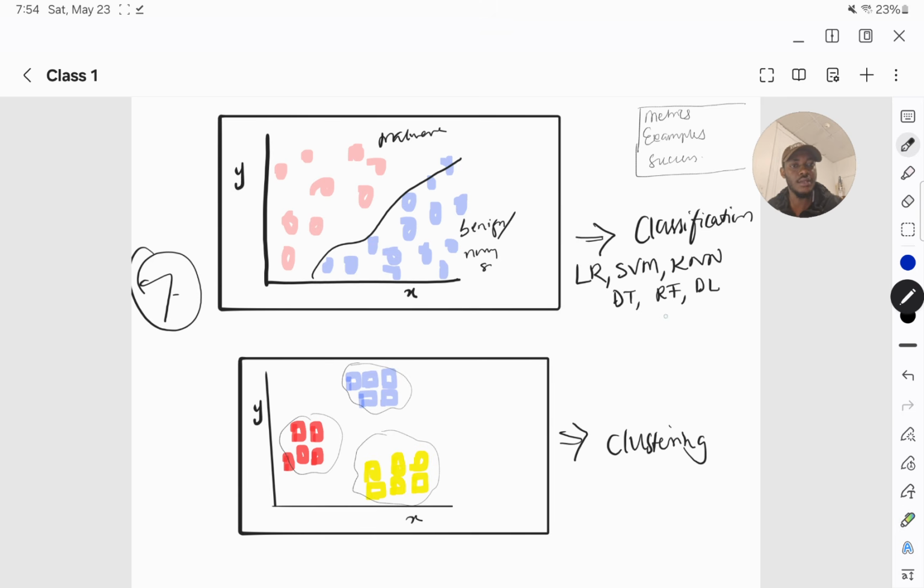So let me write it down: accuracy, recall, F1 score, precision, and so many other kinds of metrics that can be used to measure the performance or the goodness of the classification algorithm.